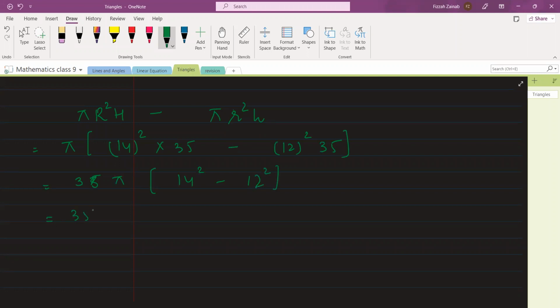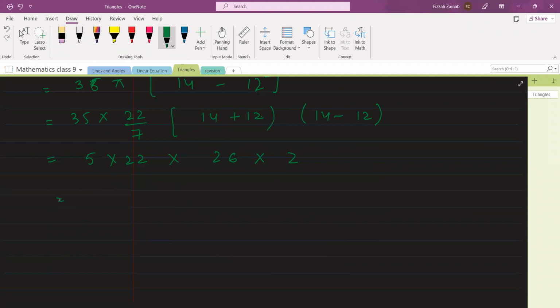Okay, so 35 into 22 divided by 7. Now here I have a square minus b square. So I'm making a plus b into a minus b, right? Now 7 into 5 is 35. So I have 5 into 22 multiplied by 14 plus 12, 26, and 14 minus 12, 2, into 2, right? So what will I get here?